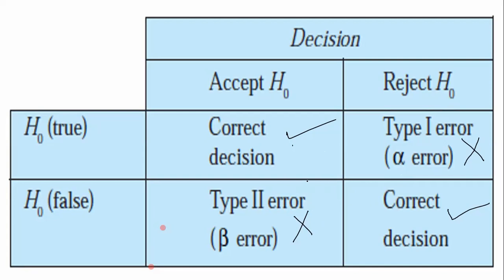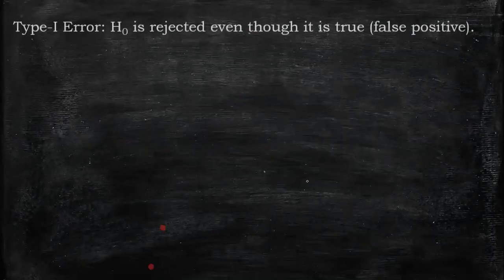Type 1 error is rejecting H0 when H0 is true. Remember this. Reject H0 when H0 is true. And type 2 error is accepting H0 when H0 is false. So between these two errors, which error is more serious? We would like to come to a conclusion.